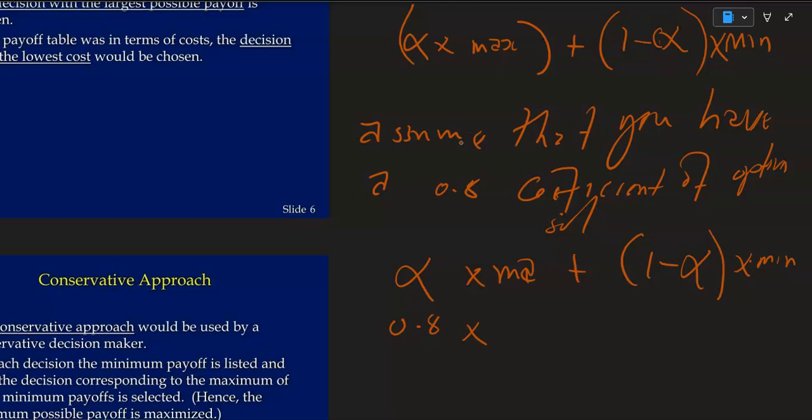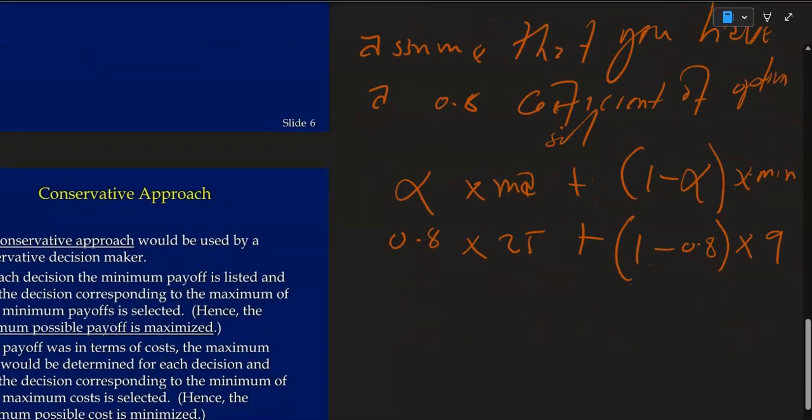Your maximum is 25. Plus 1 minus 0.8 multiplied by your minimum in that particular investment alternative, which is 9. So what would be the value here?